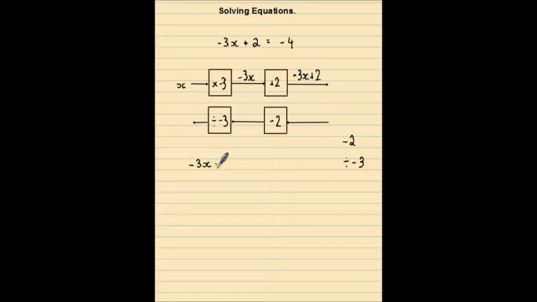And just to show you how this is going to work, I'll actually solve the equation. So the function machine tells us that we need to subtract 2 from both sides. And then I simplify.